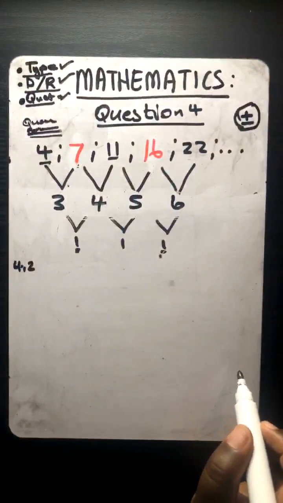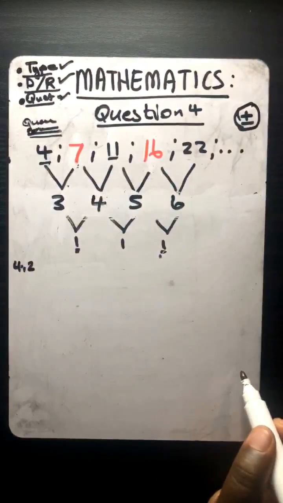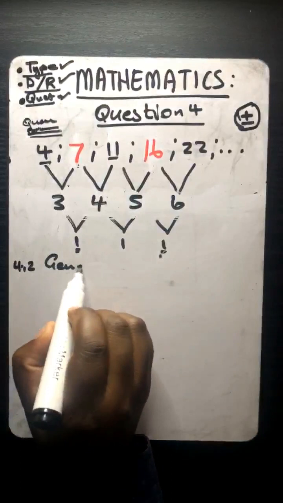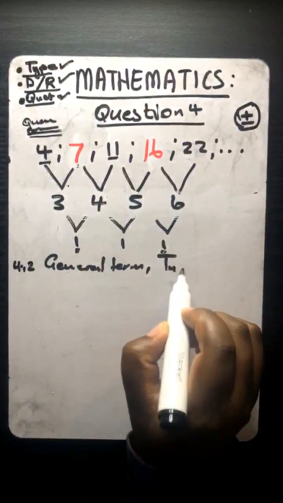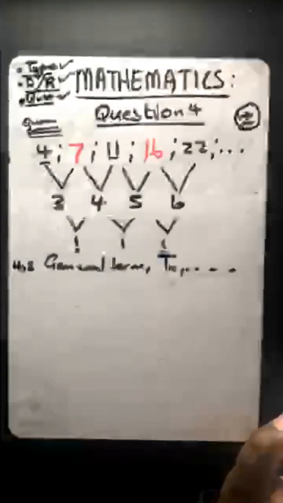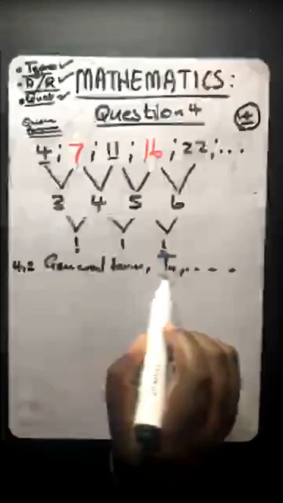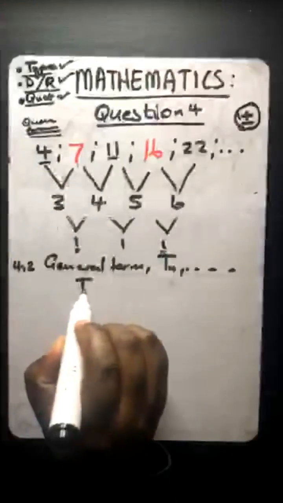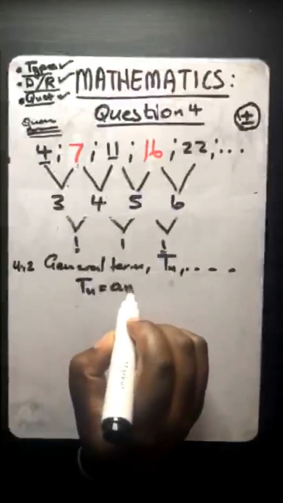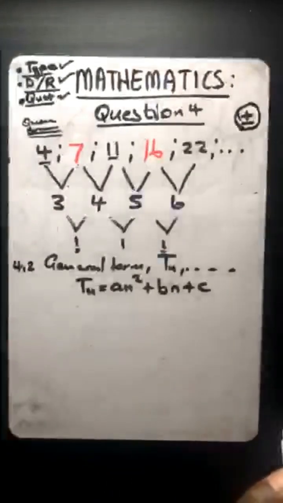Guys, I'm about to tell you something very, very important. This question says determine the general term. The moment you see or hear the words general term and they say Tn, whatever comes after is asking you to give the formula for that type of pattern, in the format an squared plus bn plus c.